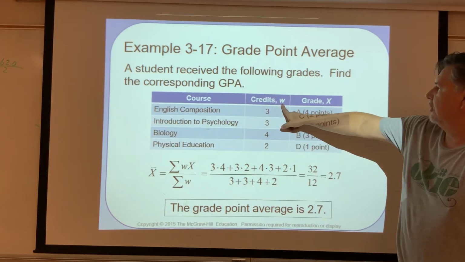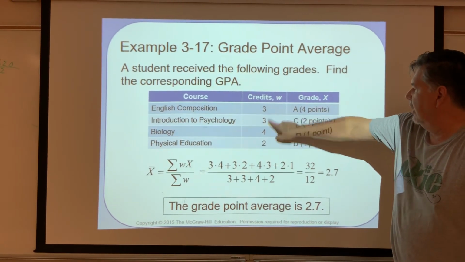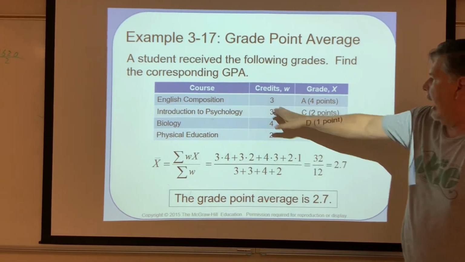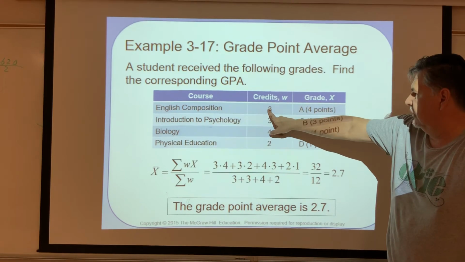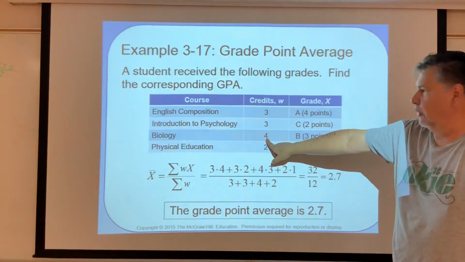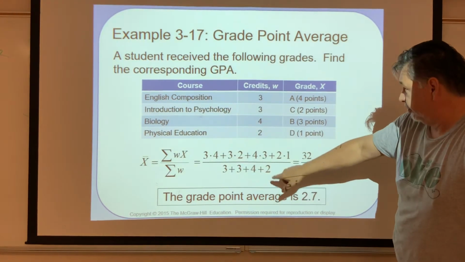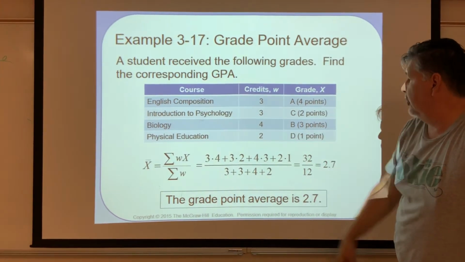The credits, or the weight: let's say these have 3 hours, so there are 3 credits offered. Biology probably has a lab with it, so there are 4 credits in that. And physical education is 2.